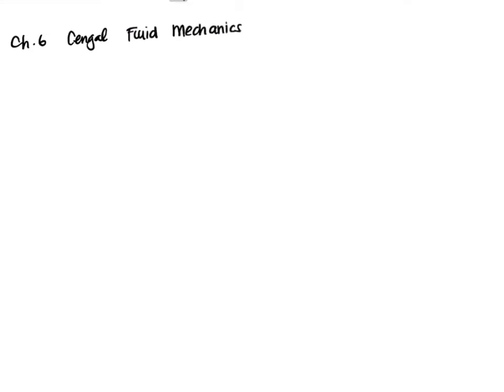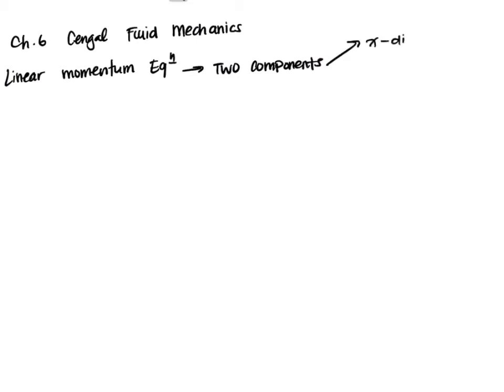And we're going to talk about the linear momentum equation. With this particular equation, we have to break it into two components. We have to think about components in the x direction and the y direction.